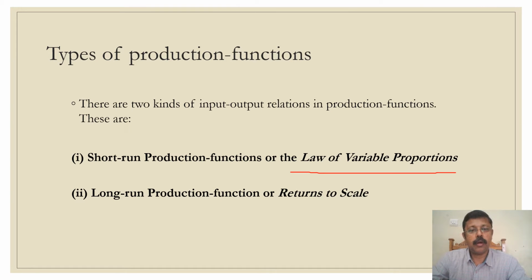It is long run at a time when everything is variable, that is, when you can add more labor, more capital, more land. The time period you will take to add all these inputs is called long run. But till that point of time, at least one variable is fixed. You cannot increase that particular variable. That is called short run.